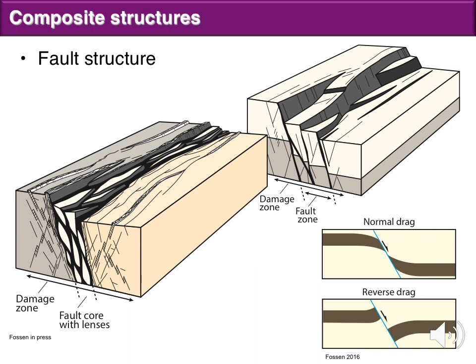And the lower left we have a more developed rock where we have a fault core that includes lenses of less deformed rock, and again the damage zone with smaller scale deformation features around this fault core. And in addition to this we also have drag as shown in the lower right here, normal and reverse drag that can be of importance.